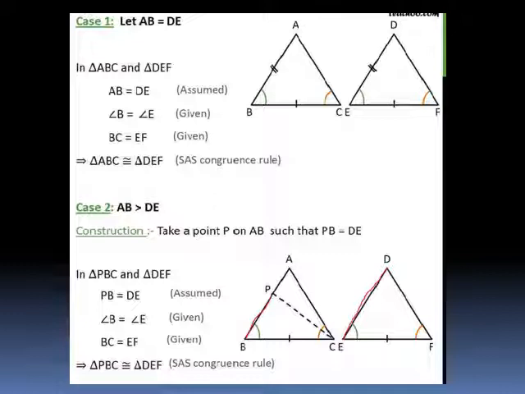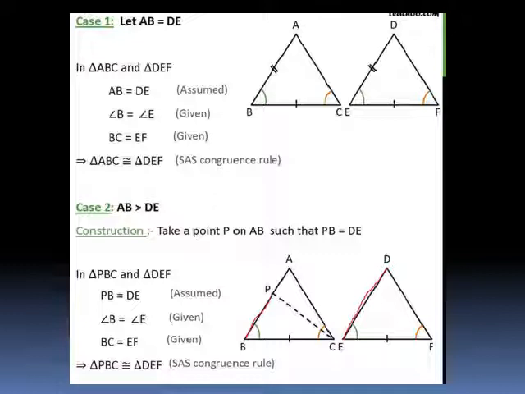If you look at the first case, AB equals DE, it is straightforward: in triangles ABC and DEF there are 3 equal parts. AB equals DE assumed, angle B equals angle E given in the question, BC equals EF also given. So using the SAS axiom, the triangles are congruent. In case 1, it was very simple. We got the answer directly by SAS.